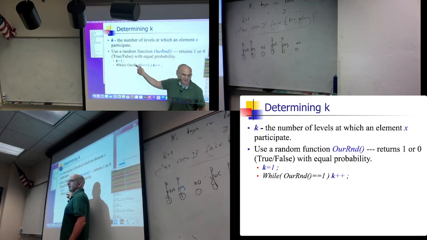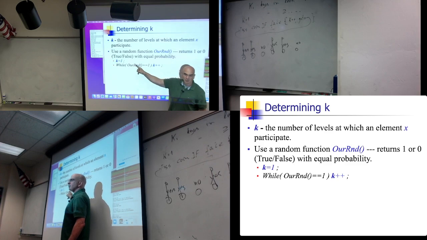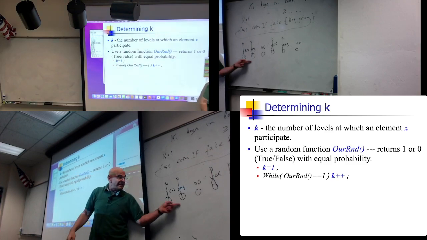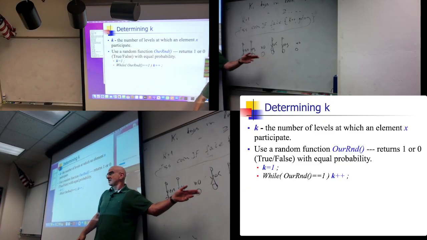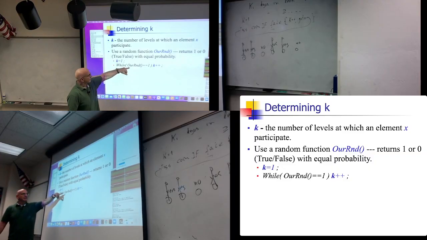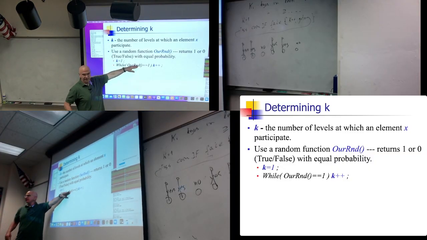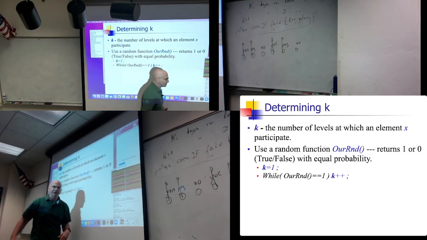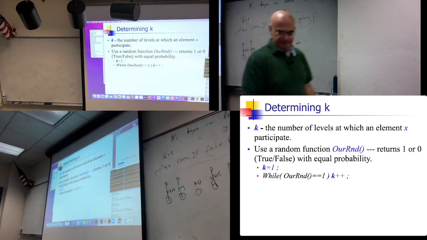In the homework, you might want to check what happens if the probability is, say, 70-30, similar to what we did with a skip list, or any other probability. Here, my probability is exactly 50-50. And I'll keep doing the while loop as long as I get 1, and in each iteration, I increment k.